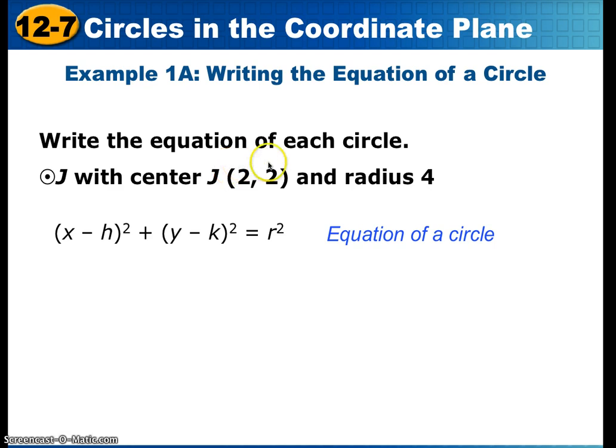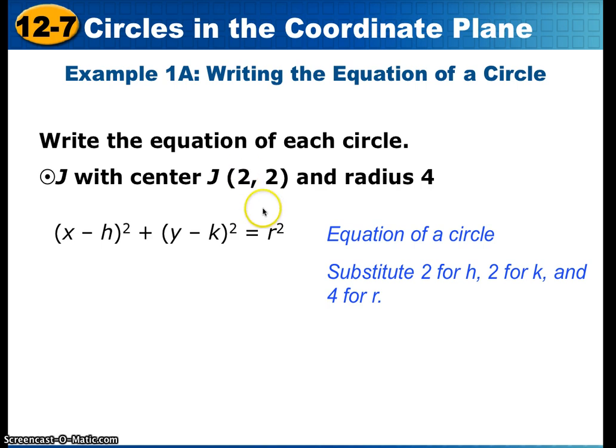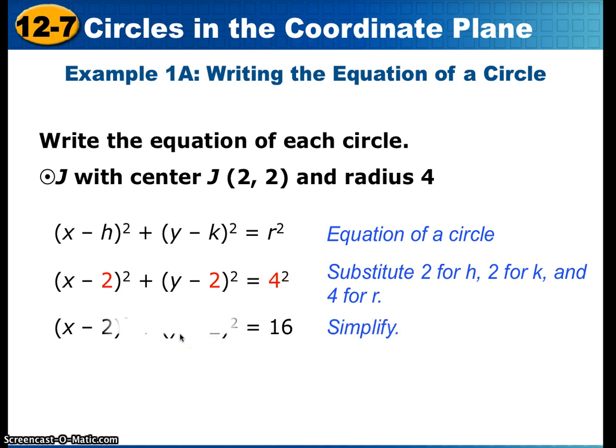Our center is H, K right here, so we plug in 2 for H and 2 for K, and we put 4 in for R. Go ahead and substitute those values into the equation, and then when we simplify, we have our solution here. So this is the equation for the circle.